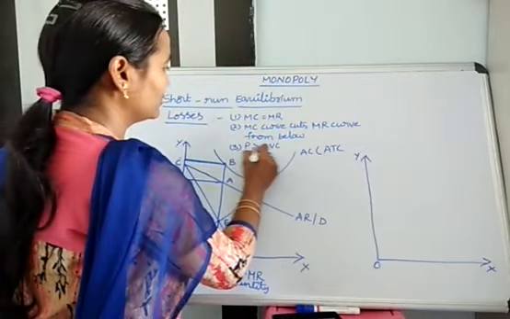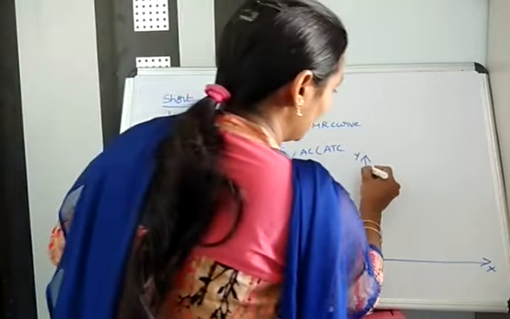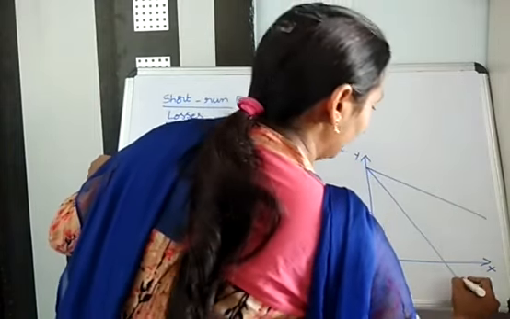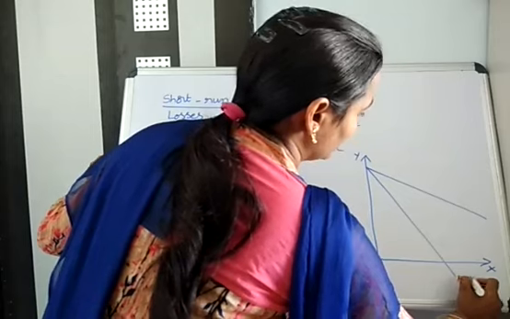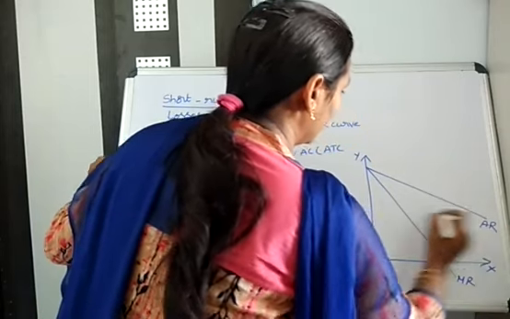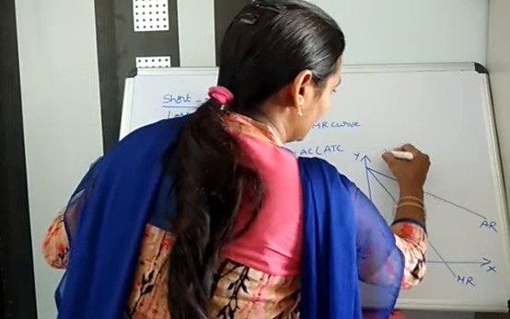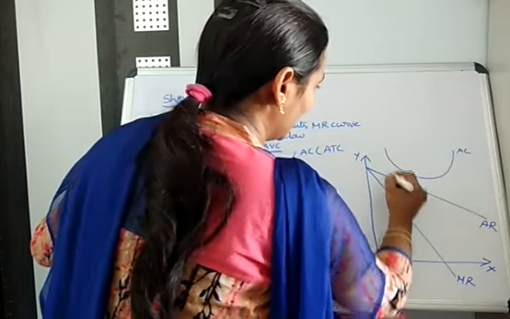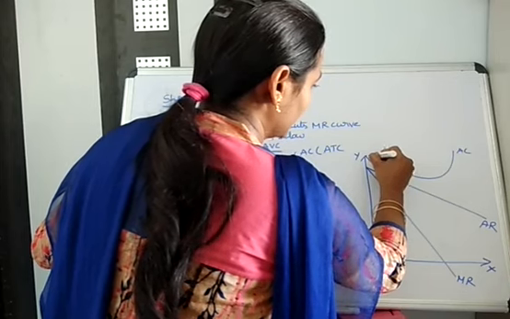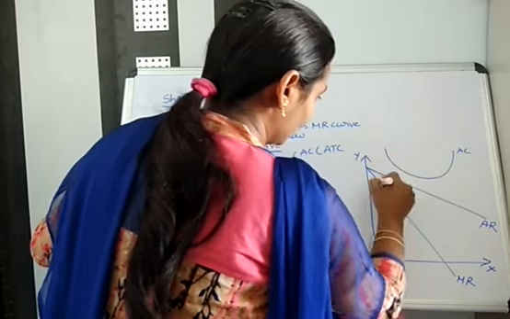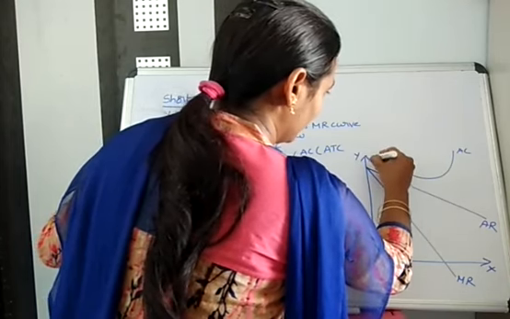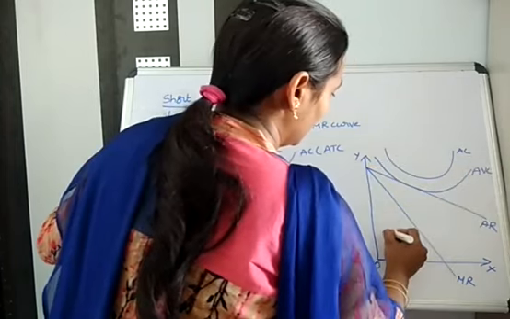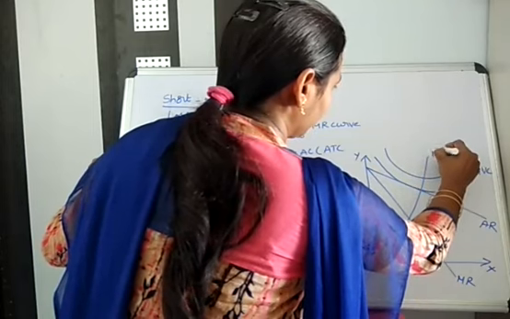That is the third condition: P greater than or equal to AVC. So we use the AR curve here, and this is the AC curve, just as shown before. One more diagram we take, with one more curve, the AVC curve, for example. Then the MC.